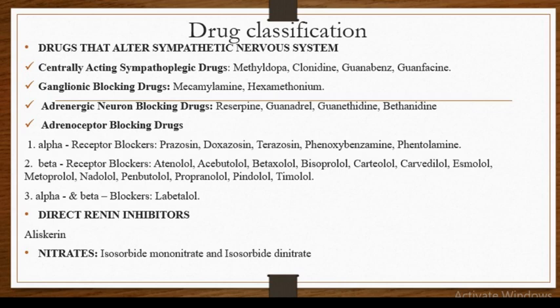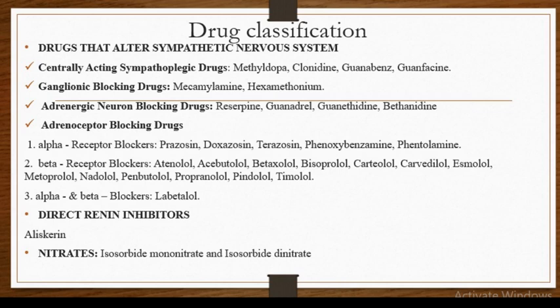Then we can also talk about the adrenoceptor blocking drugs. Under these, we have basically the alpha receptor blockers and the beta receptor blockers. As you saw in the previous diagram, the sympathetic nervous system was affecting the heart through the alpha receptors as well as the beta receptors.